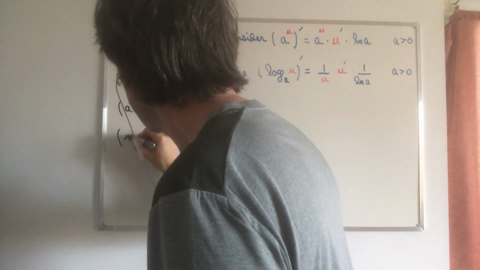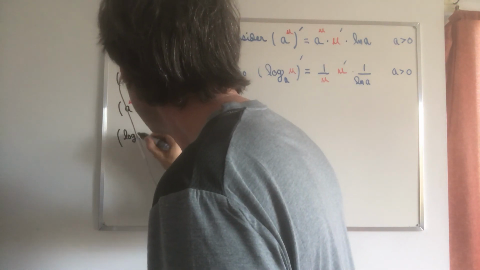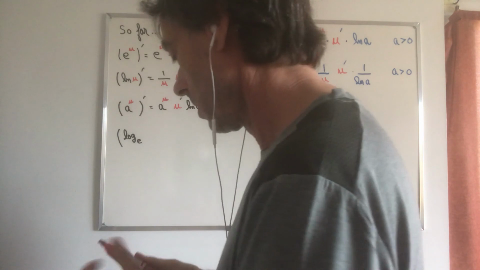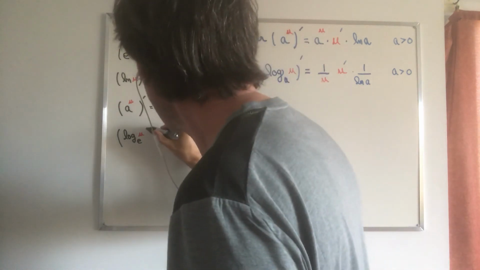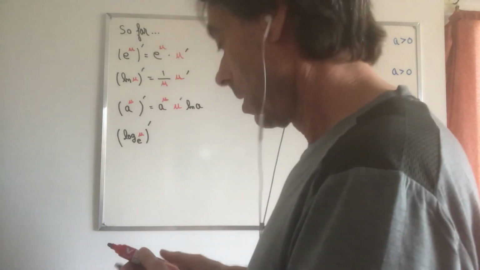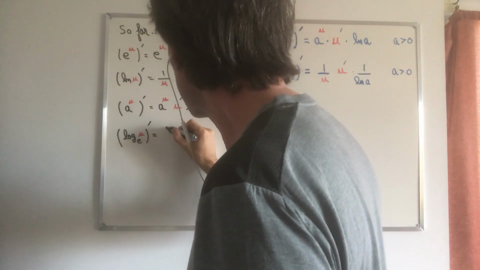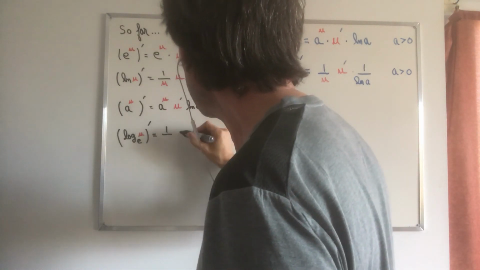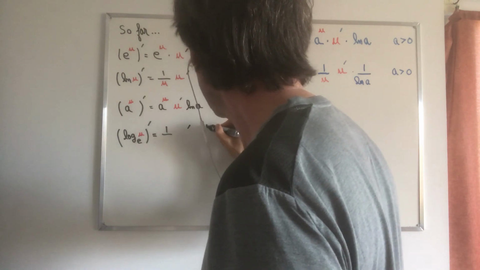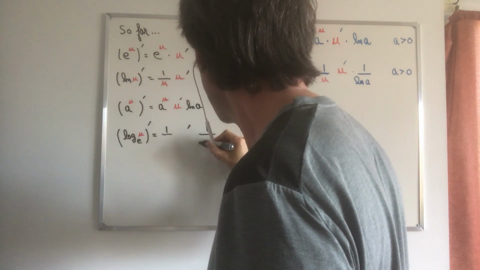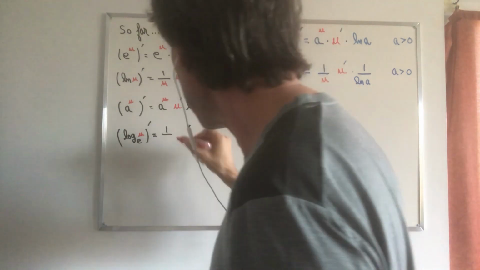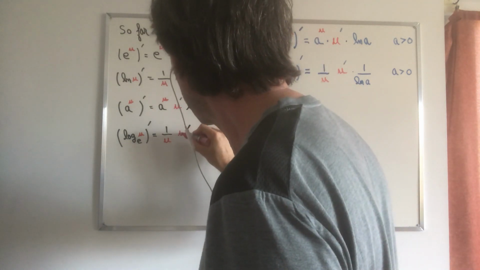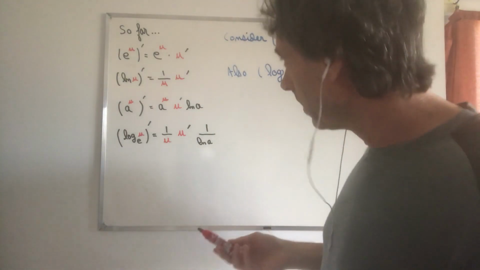And here's the derivative for log base a of whatever goes inside, any u at all. Well, it's 1 over u times u prime times 1 over the ln of a. And there you have it.